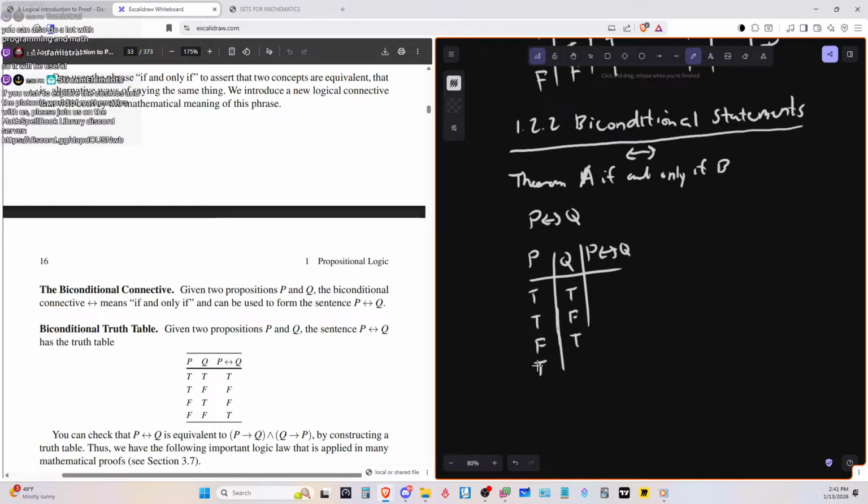Now let's see if we can figure this out on our own first. So P if and only if Q.